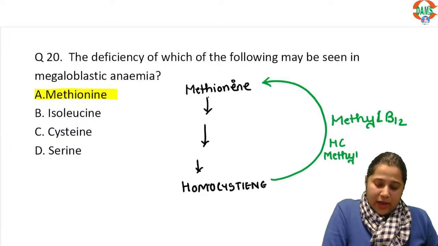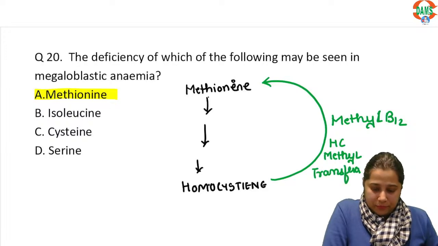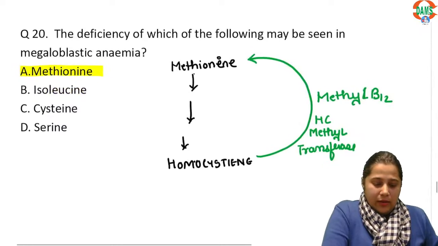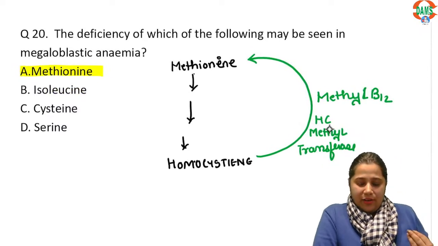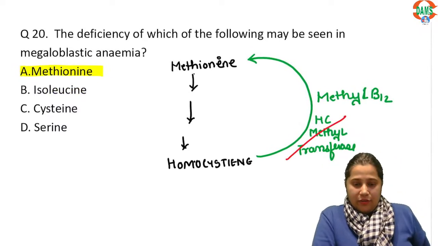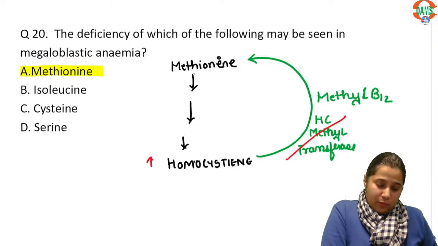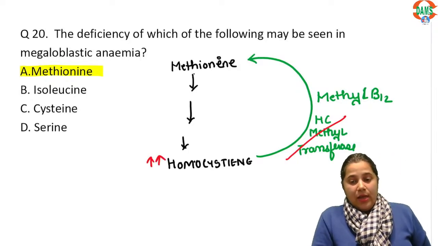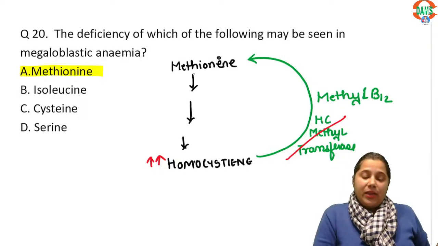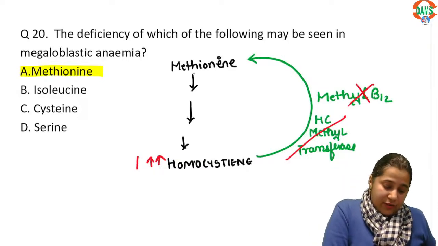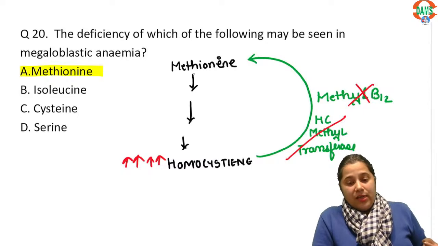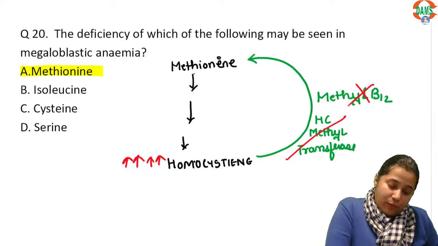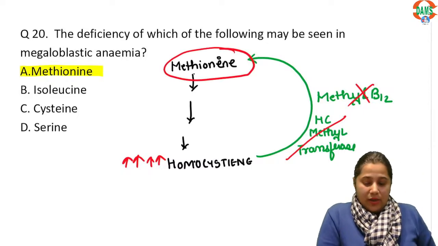Now, if somebody is not having the enzyme homocysteine methyl transferase, there will be accumulation of homocysteine. If somebody is not having methyl B12, still there will be accumulation of homocysteine. But what is not getting formed? It is methionine.